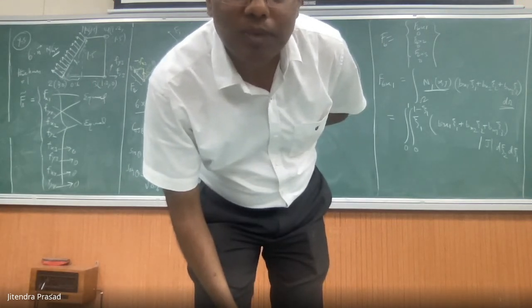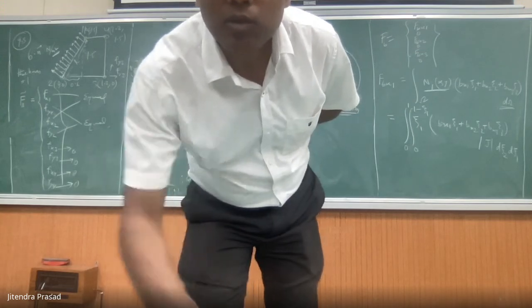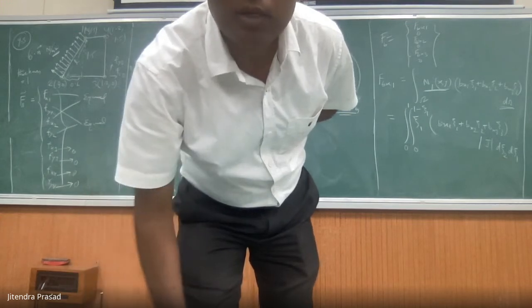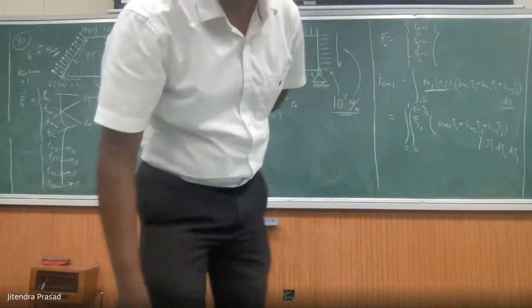Discretize the panel using a single rectangular element as shown below. For convenience, use identical global and local coordinate systems. Calculate the nodal displacements and stresses at the element Gauss points.